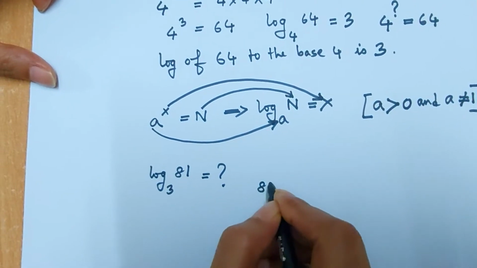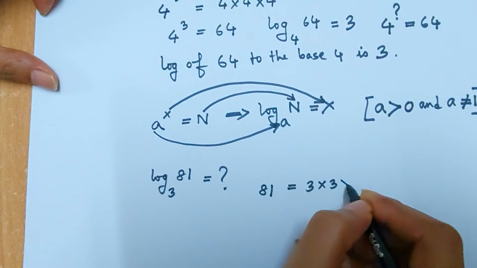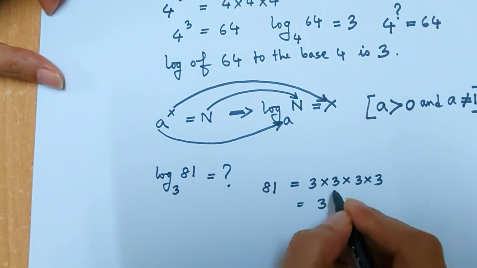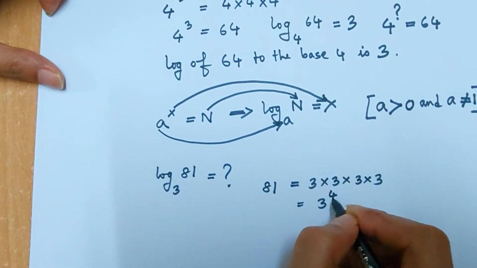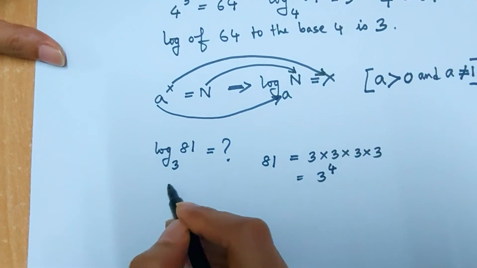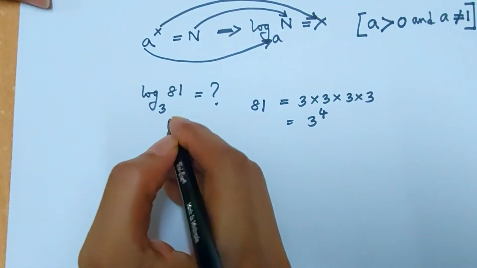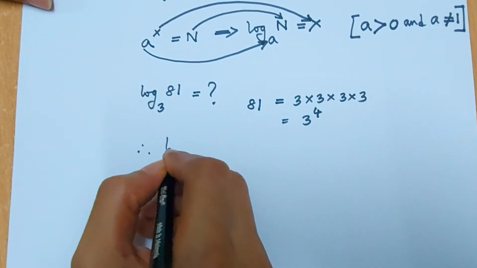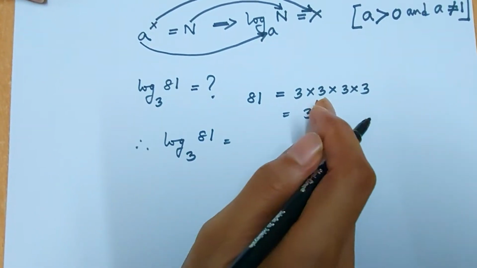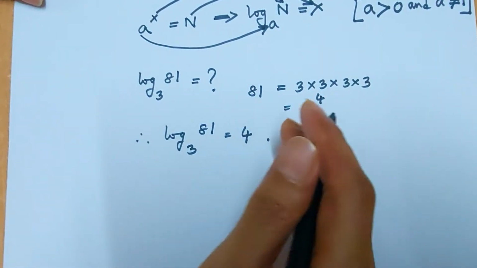So here 81 equal to 3 into 3 into 3 into 3. 3 multiplied 4 times, that means 3 power 4. In log we know the exponent of the base will be the answer. So log of 81 to the base 3 equal to 4. See how easily solved.